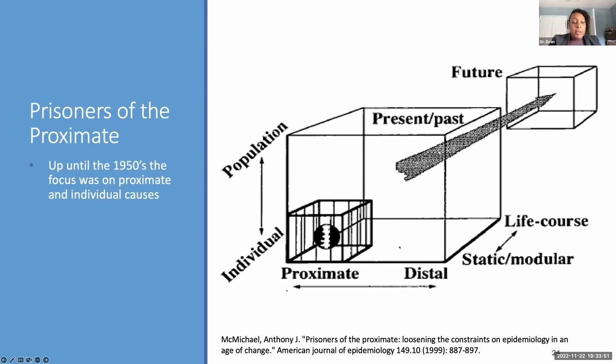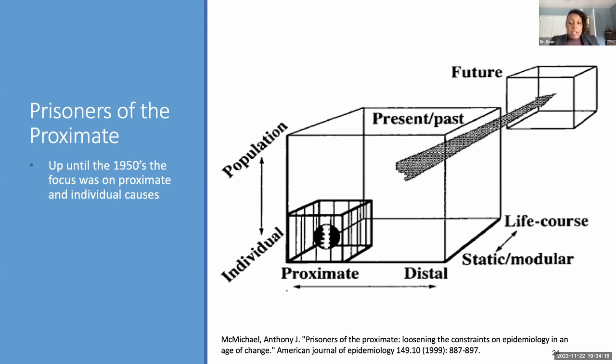So we talk about being prisoners of the proximate, that we often want to focus here on the individual level risk factors that are mostly related to what we believe causes the disease. And why is that? In some sense, it's difficult to see what these distal factors might be, what these social factors might be, even though we do have evidence of that, but also because it's often hard to change societies.